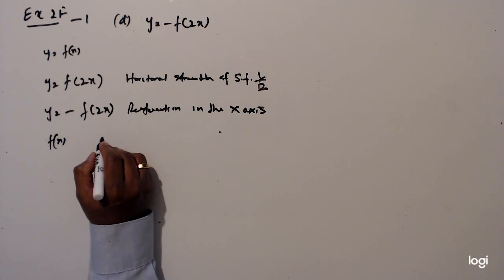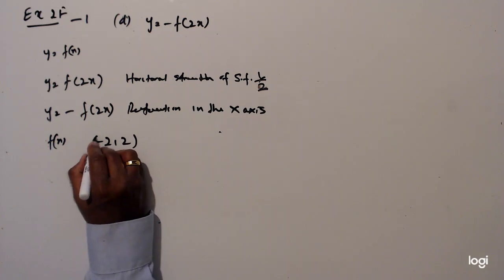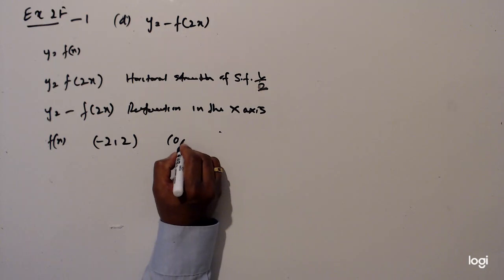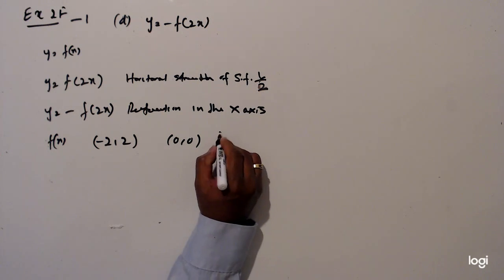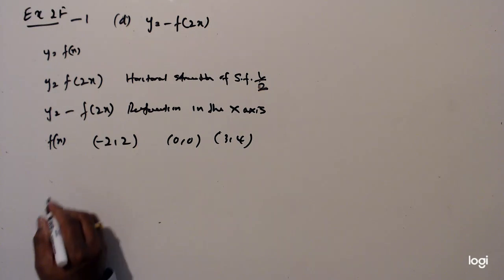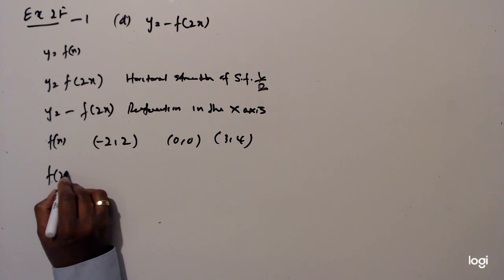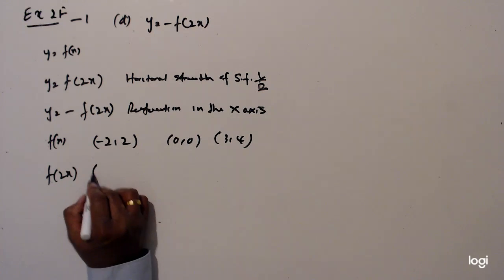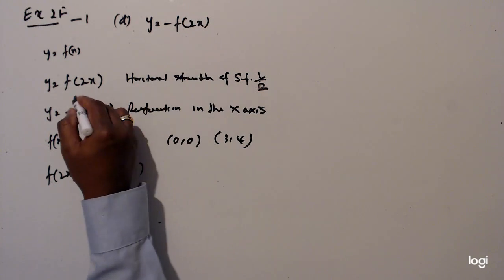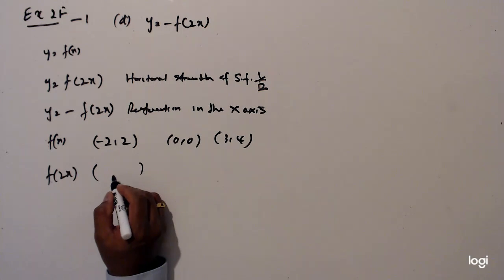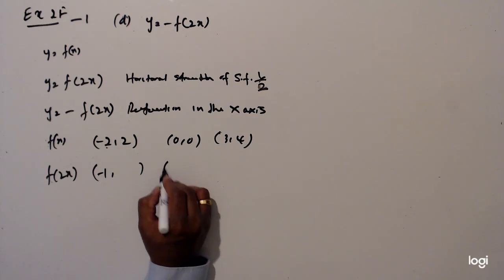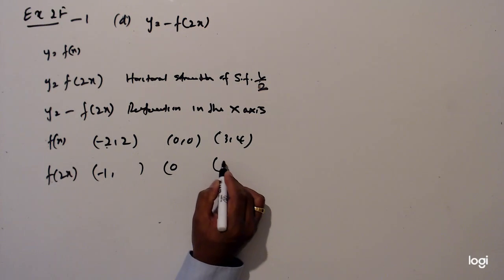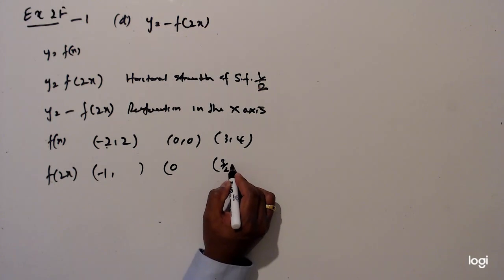f(x) has points (-2, 2), (0, 0) and (3, 4). So f(2x) affects the x values horizontally, so times half: -2 times half is -1, 0 times half is 0, 3 times half is 3 over 2.